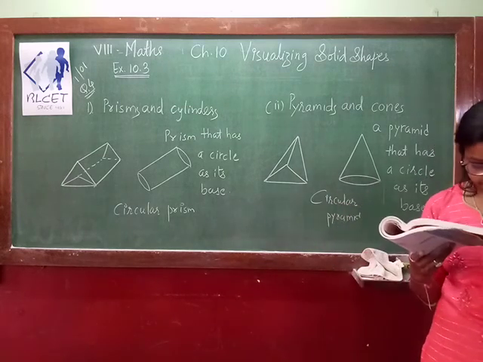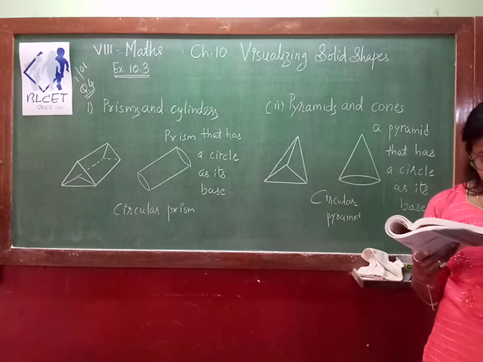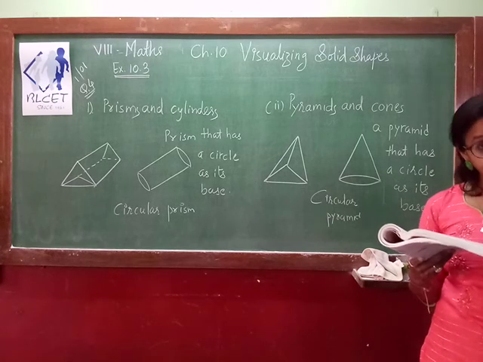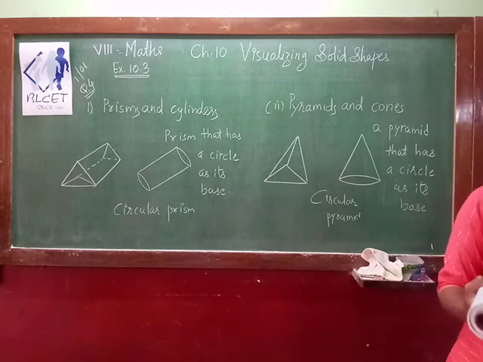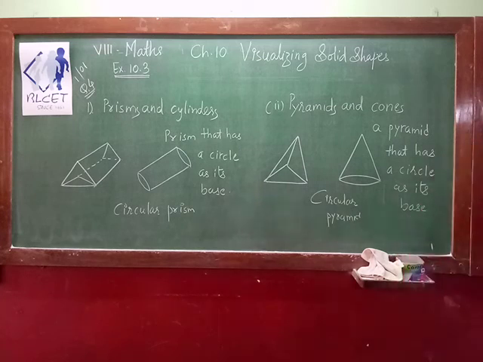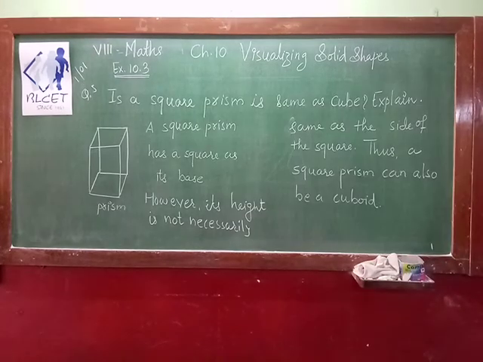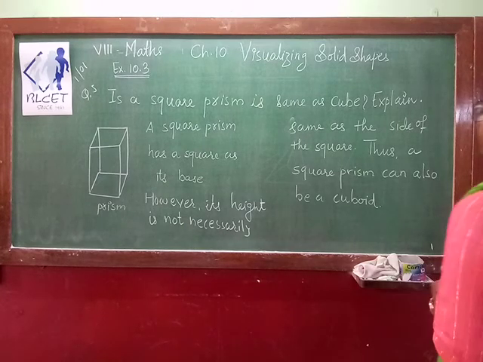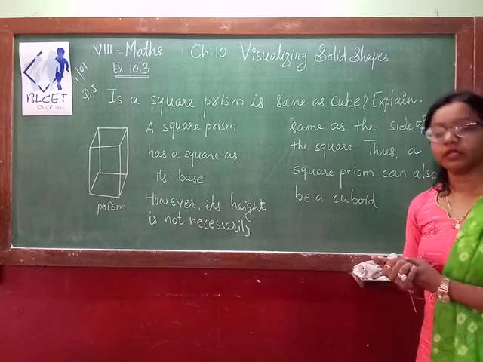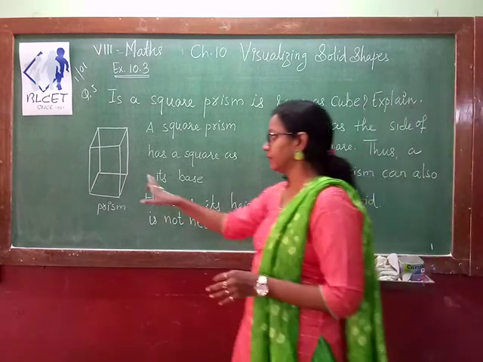Question number 5. Is a square prism the same as a cube? Explain. Let's see what the answer is. I will draw the diagram first. Now I have drawn the prism.